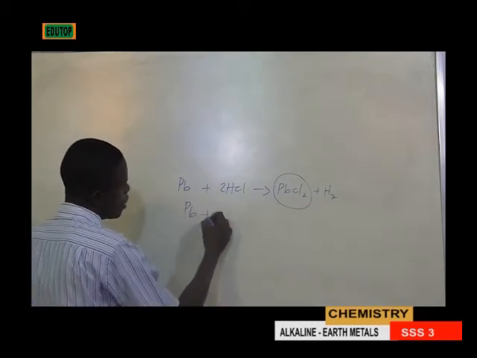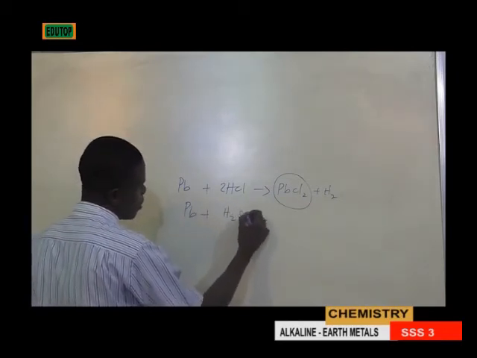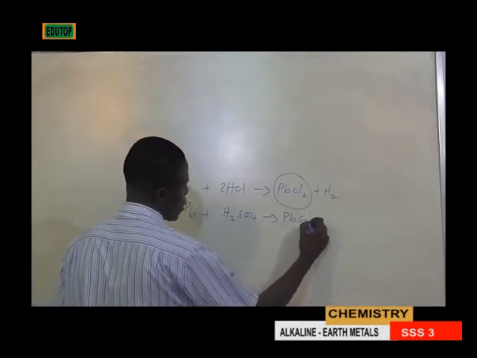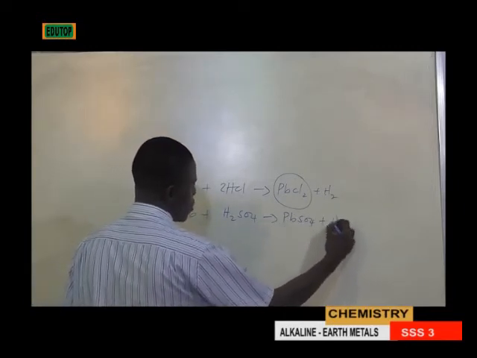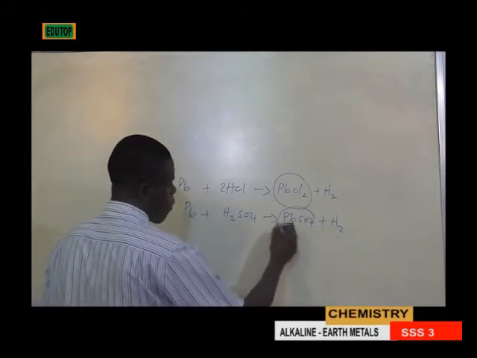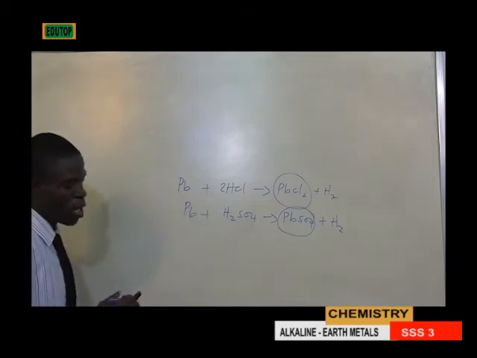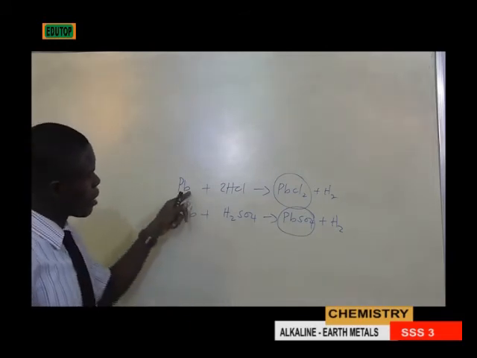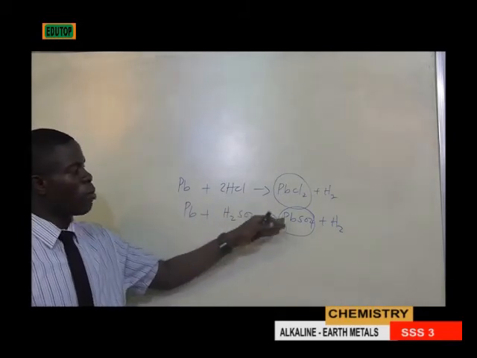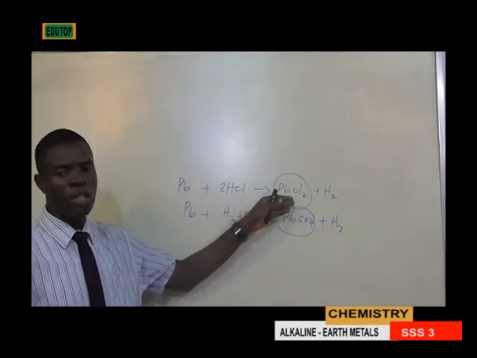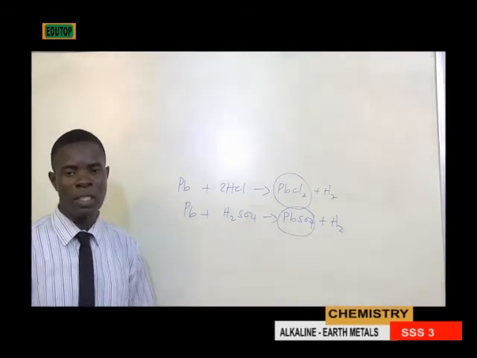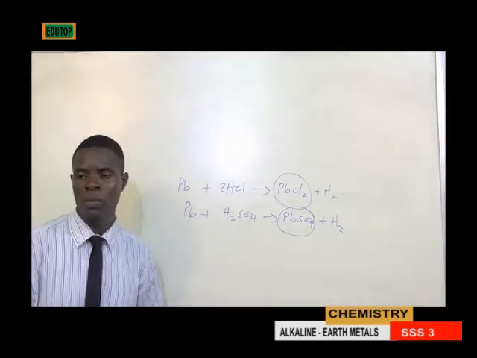Also, with sulfuric acid, you have lead sulfate plus hydrogen, and this also forms a protective layer. So that is why lead is not attacked by dilute acid, because of the formation of a protective layer of lead 2 chloride and lead 2 sulfate salt.